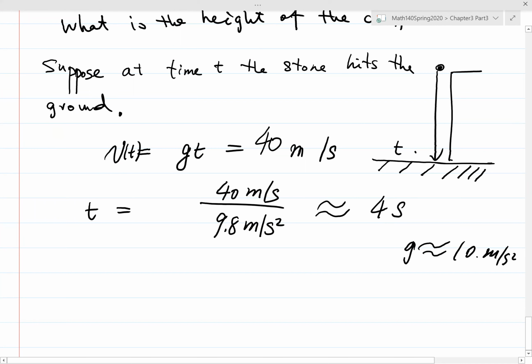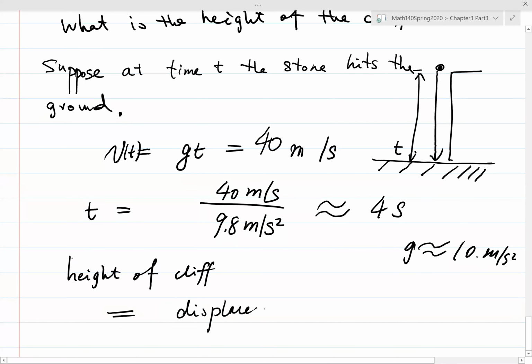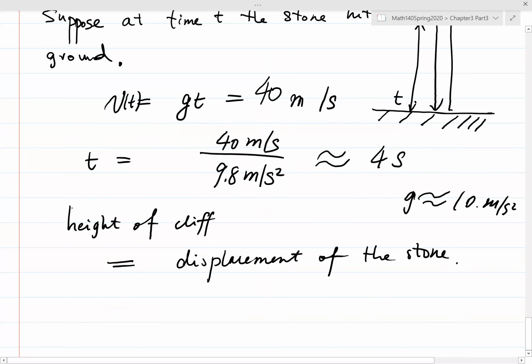So the height of the cliff equals the total displacement of the stone. Now at T, the displacement of the stone is 1/2 gt squared, because it's free-fall motion and the initial velocity is 0.